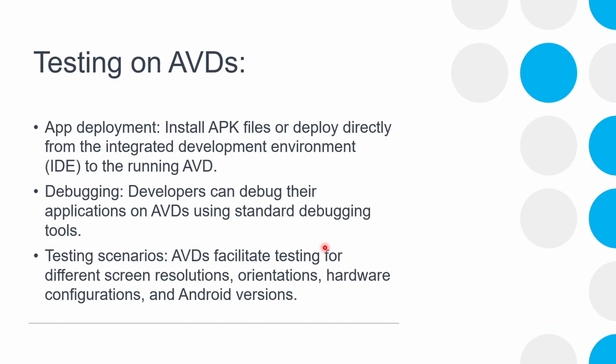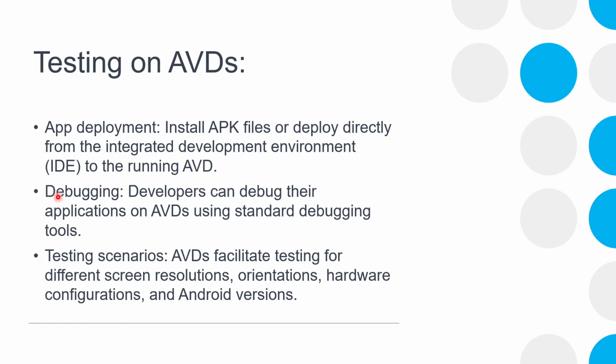Moving to the next slide, how can we test the APK? After app deployment, we can install the APK file or deploy directly from the integrated development environment, the IDE, to the running device. You can install the APK file, or deploy directly by pressing the run button in Android Studio, which is the IDE we are using for installing the APK.